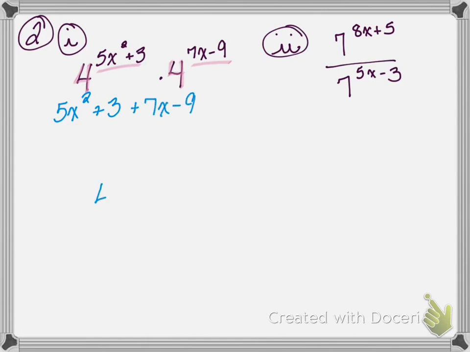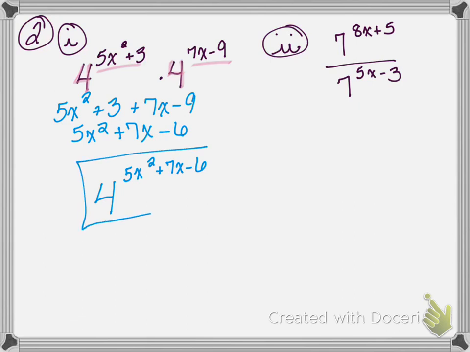Now this is the exponent, and once we've simplified it, we're going to put it with the 4. So I've got 5x squared, and then I'm going to have 7x minus 6. That is my exponent, so it's going to be 4 raised to the 5x squared plus 7x minus 6. It's just putting some algebra in there to practice our exponent rules. That is as far as we go. We're not solving for x or anything right here.